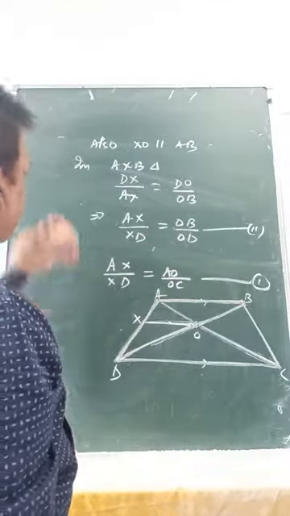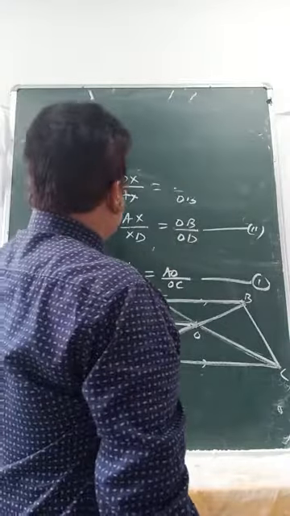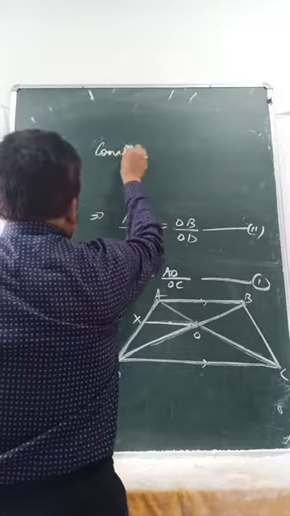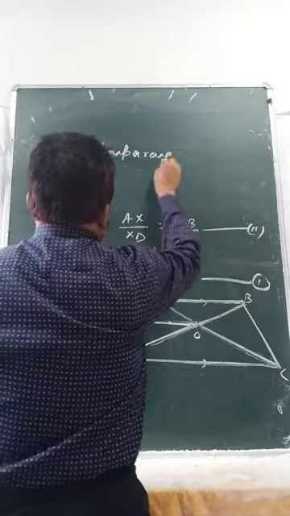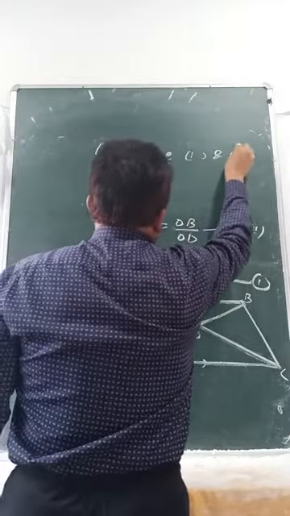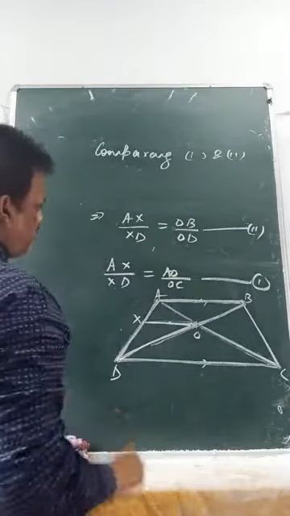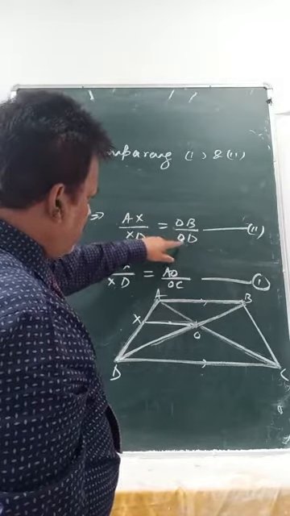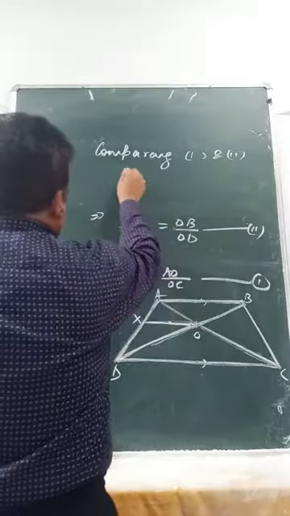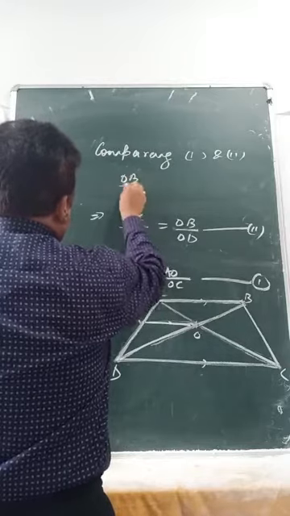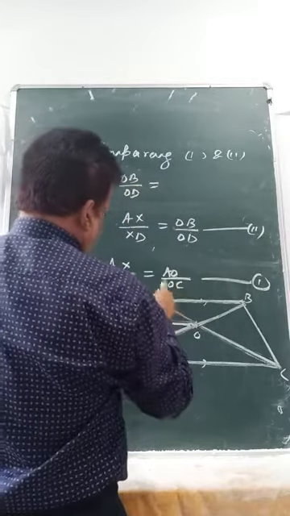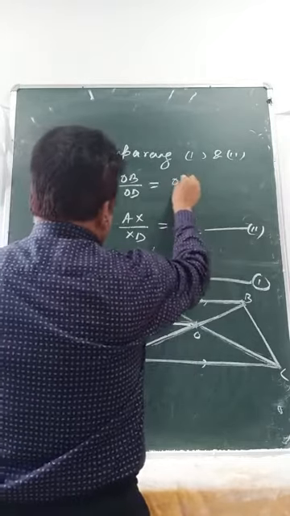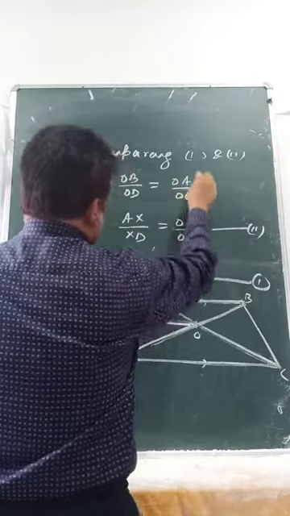So comparing 1 and 2, you will get OB by OD equals OA, or AO, same thing, OA by OC.